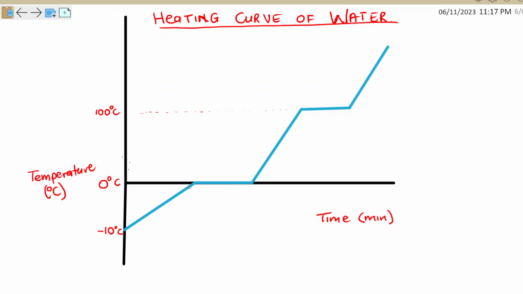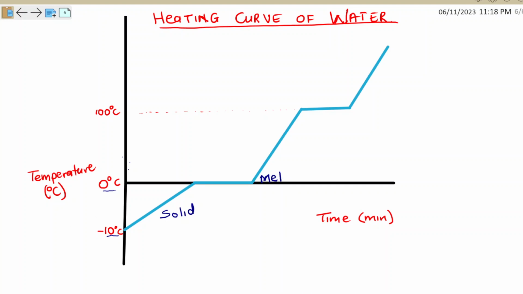On this curve you can see that the temperature is between negative 10 Celsius degrees and 0 Celsius degrees. That means at this phase, the water is in the solid form because the temperature is below 0 Celsius degrees. And then when the temperature reaches 0, we call this point the melting point.